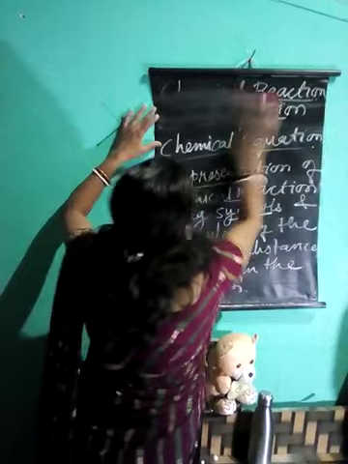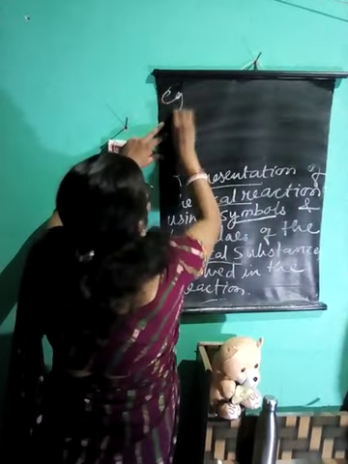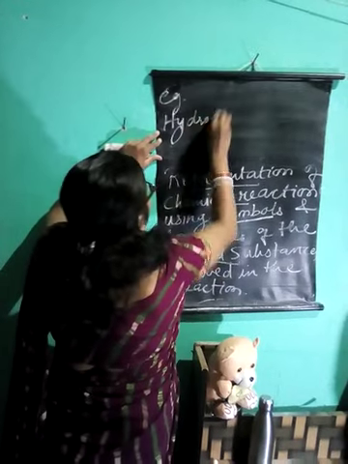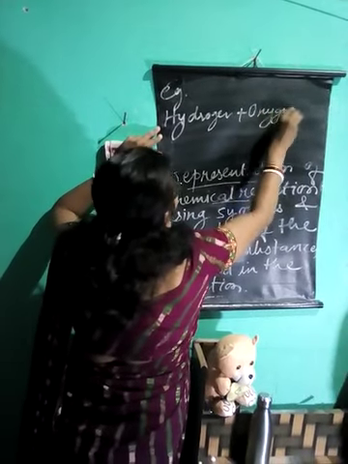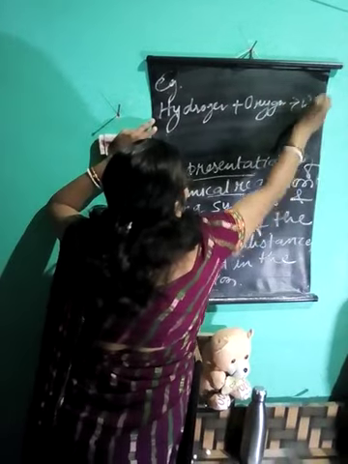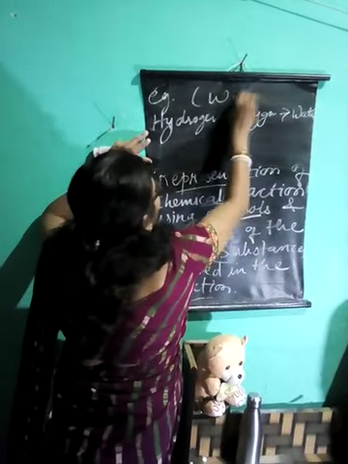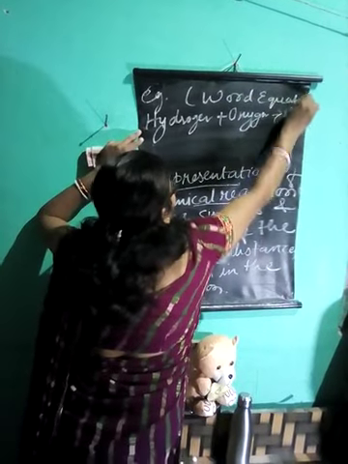Now, I'll tell you an example of chemical equation: hydrogen plus oxygen gives you water. This is a chemical equation. This is called a word equation.